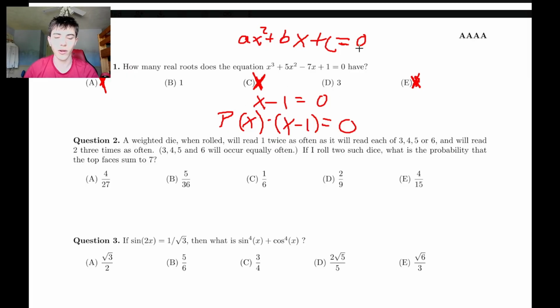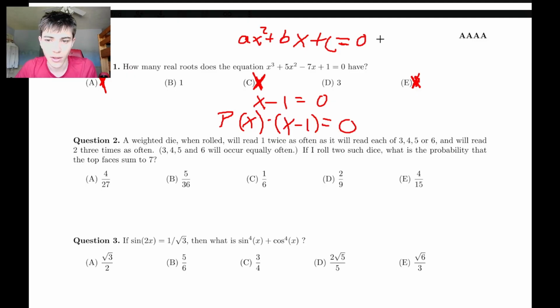So our degree is going to go down by 1. And the degree just means the exponent of the term with the highest exponent. So in this case, 3 is the highest exponent here, so the degree is 3. But for a quadratic like up here, the degree is 2, because we have that x squared term.